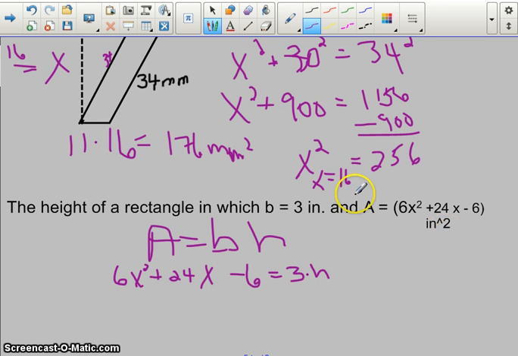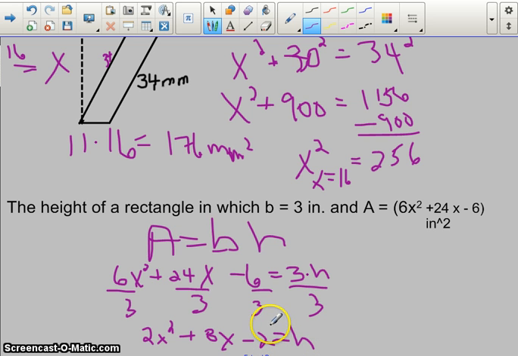So all we're going to do here is divide by 3 all the way across and simplify, and that's going to be what our height is equal to. So that's going to be 2x squared plus 8x minus 2 is equal to our height, and that would be inches. That's what we'd want to put as the units on that.